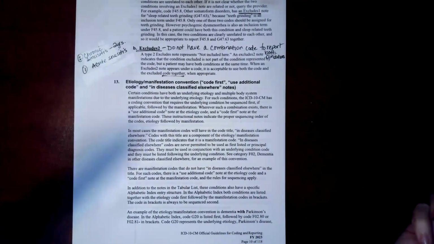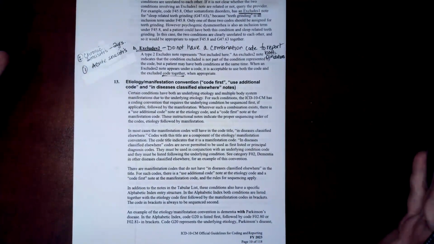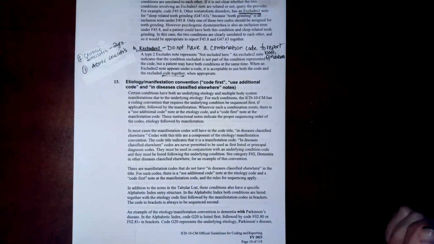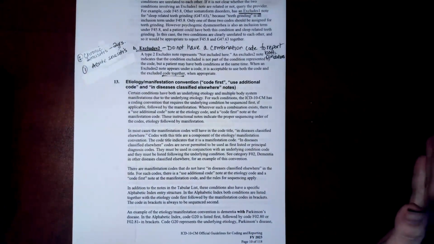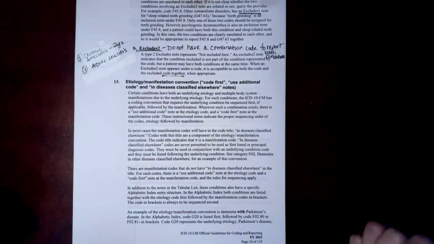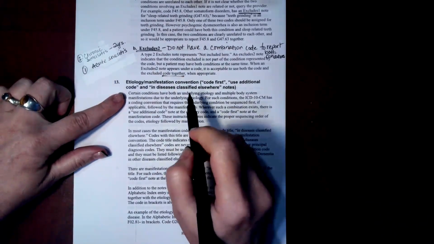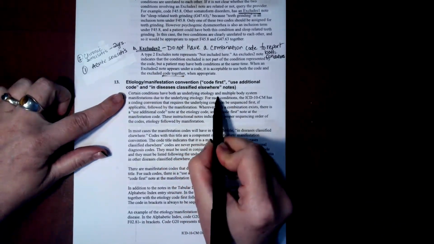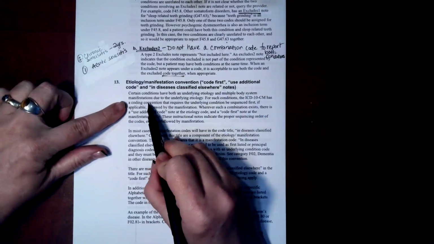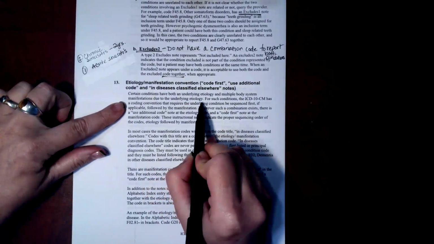Now, this is one of those areas I think is something that we see a lot when we have denied codes, because there is an instruction of how we should sequence these codes. So certain codes have both an underlying etiology and multiple body system manifestations due to an underlying etiology.